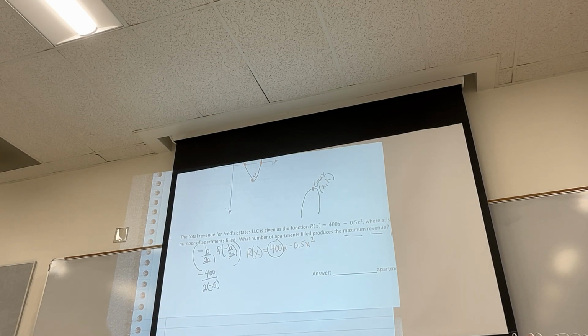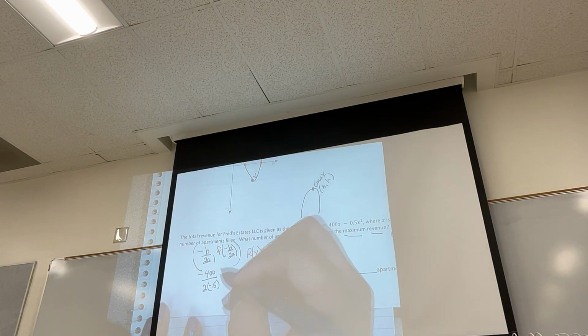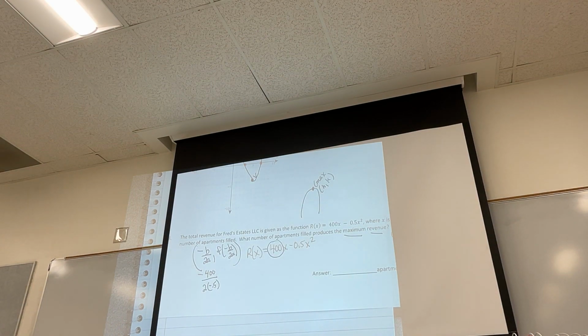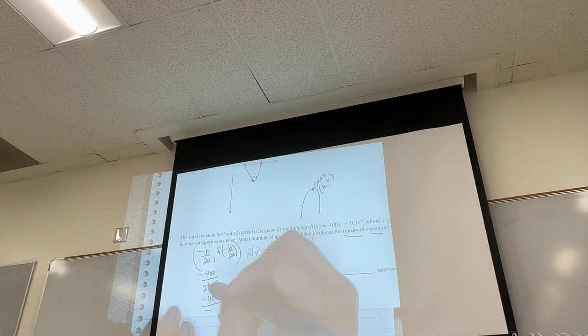I don't usually write the 0 in front, that's just me, but you can. So let's do the math. Where's our calculators, unless you're going to do this in your head? Negative 400 divided by negative, what's 2 times 0.5? Let's take a step back. What's 2 times 5? But I have a decimal, so I have to move my decimal place over 1, yes? So I really have negative 400 divided by negative 1.